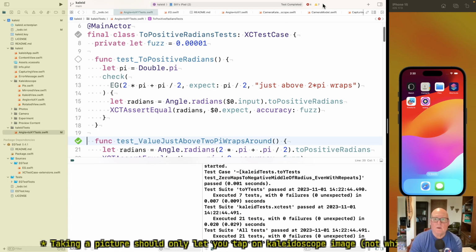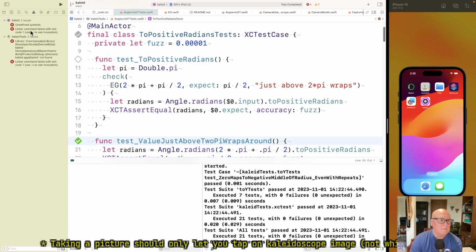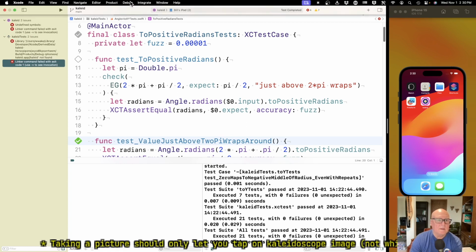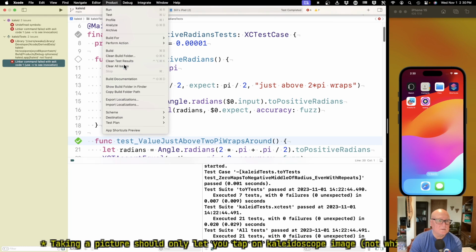All right, what's the problem? All right, let's do some cleaning.